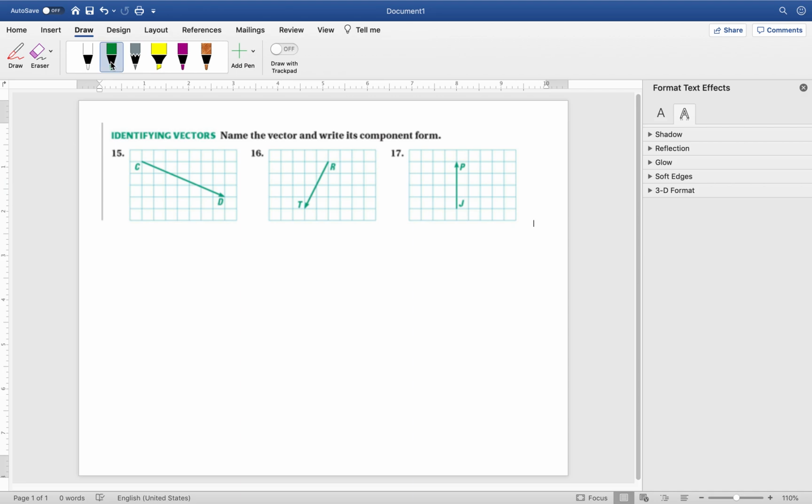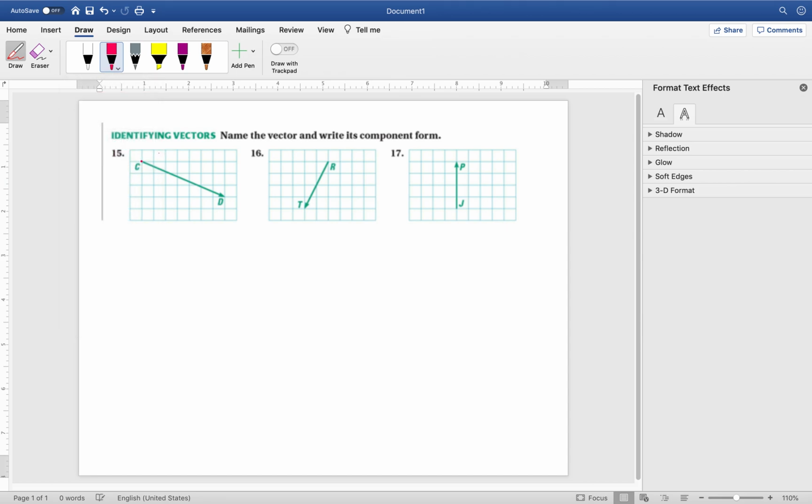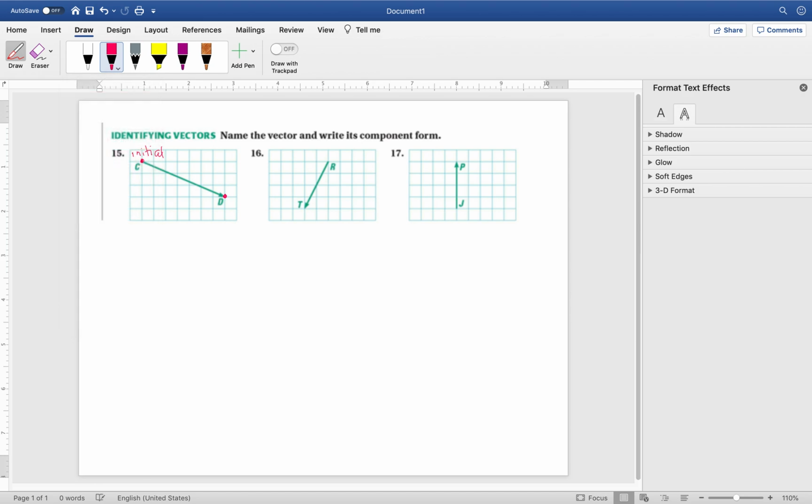But okay. So basically a vector is just another way to write a specific translation, and all vectors have an initial sign. So in this case, this would be the initial sign. And all vectors, let me make this a little bit thicker, also have a terminal sign.